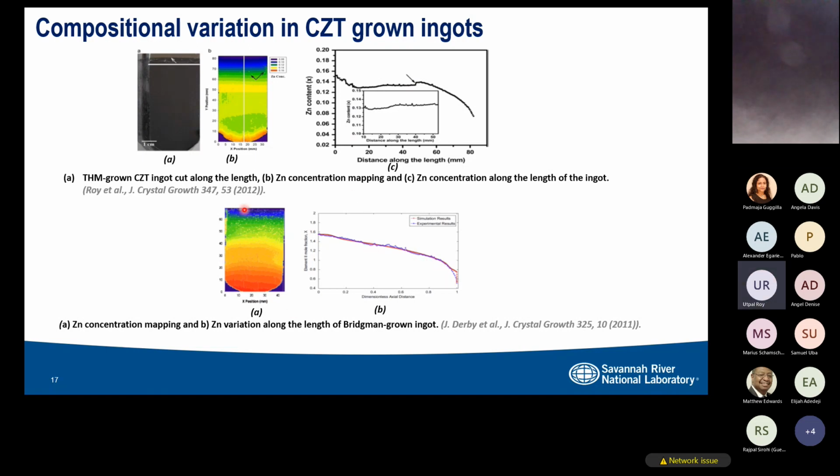So for Bridgman grown, you cannot get anywhere along the length of the ingot a uniform zinc concentration. So the yield is really awful. That is why people do not use the Bridgman growth technique. Industrially, the traveling heater method is the right technique that is being employed by different industries.